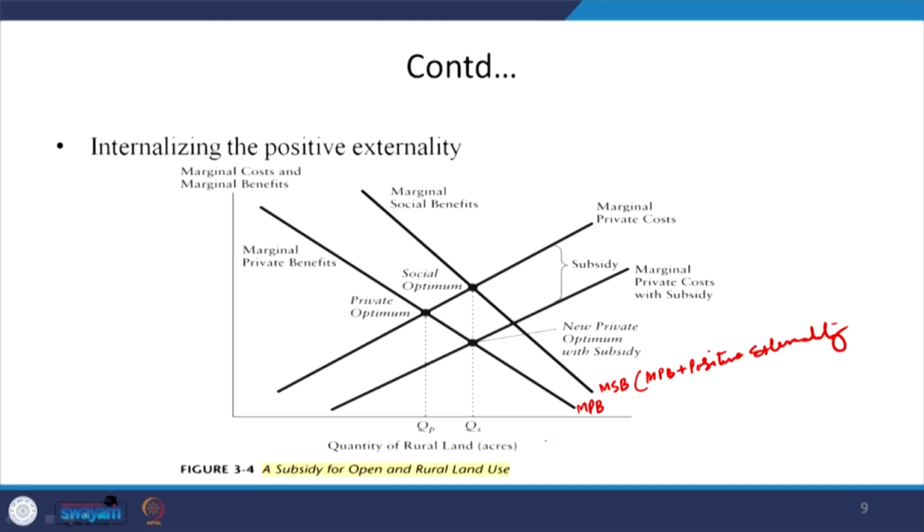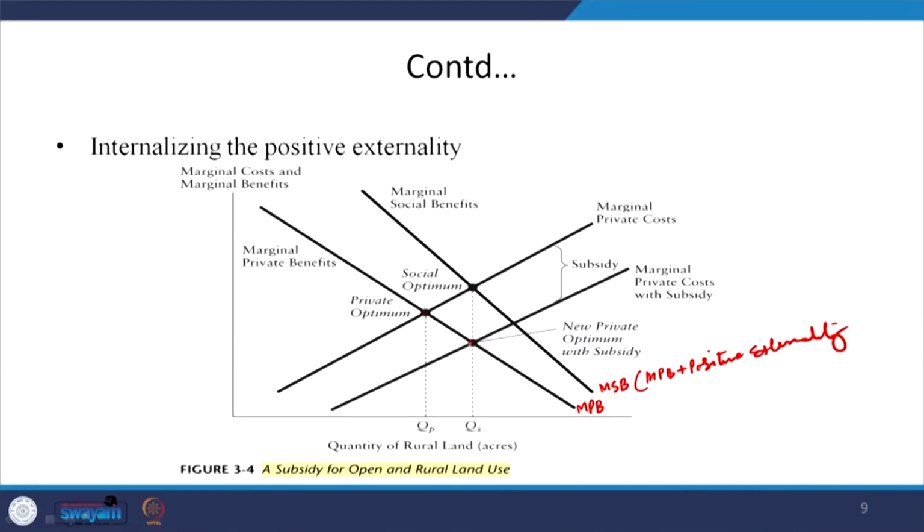In the preceding example, I explained how the pollution tax reduces output, just the opposite of the effect of subsidy. So, when a subsidy is given to any producer, it will increase production, and that can be seen here.